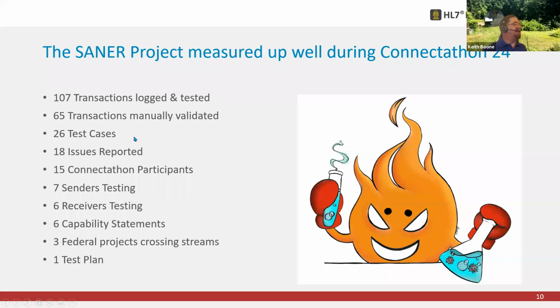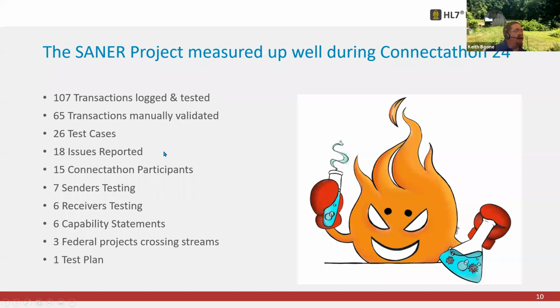So there are 26 different tests that Inferno executes over the FHIR resources for both the sender and the receiver in both models of communication. There's a push model, where organizations can create and update measure reports, and a pull model where organizations can query for particular reports.